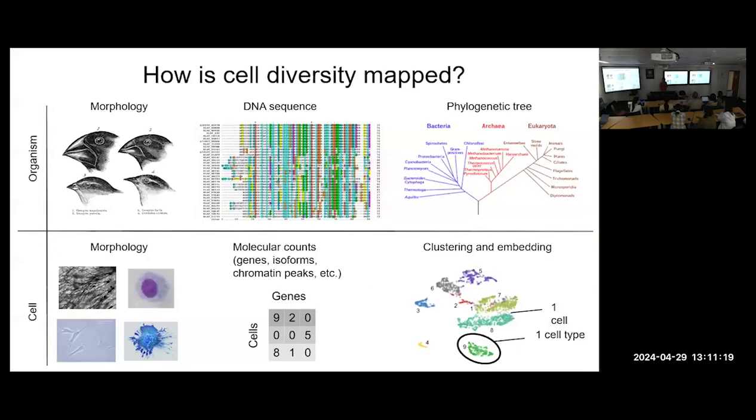All right, now, diversity has been studied for many decades in biology in terms of organisms, right? So maybe there's something we can learn from evolutionary biology and apply it to cell biology.